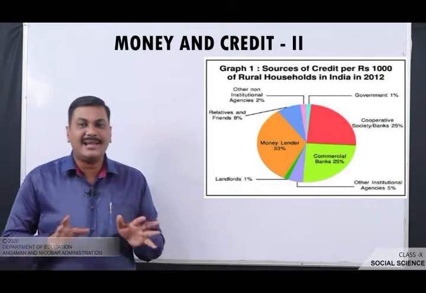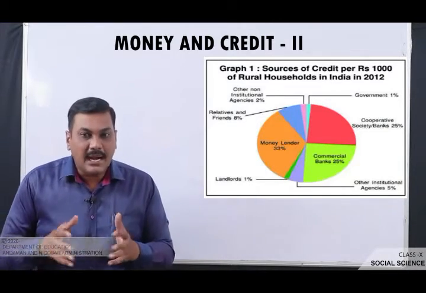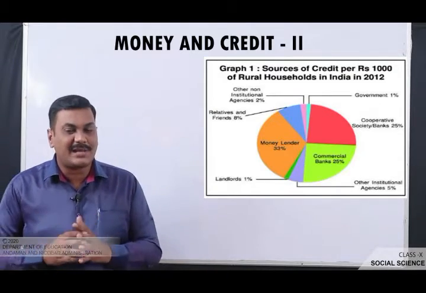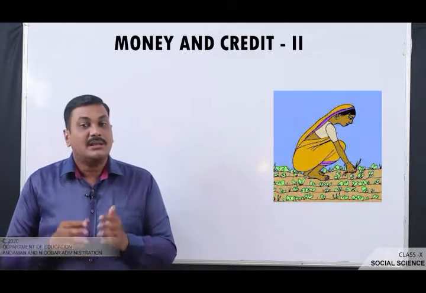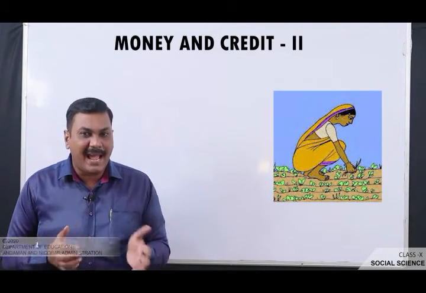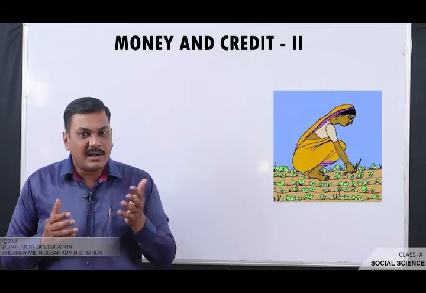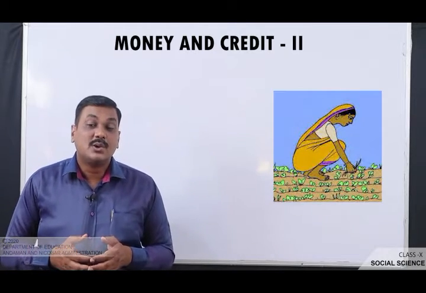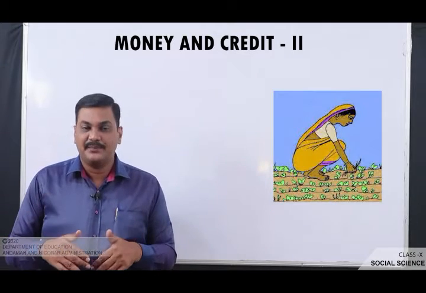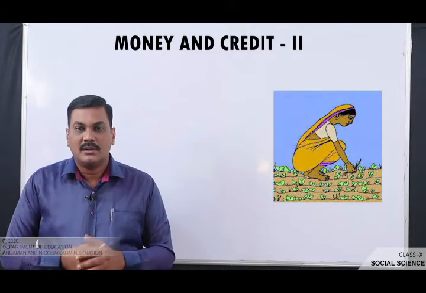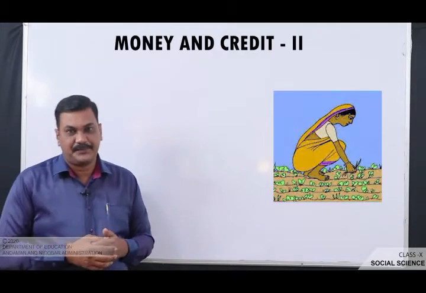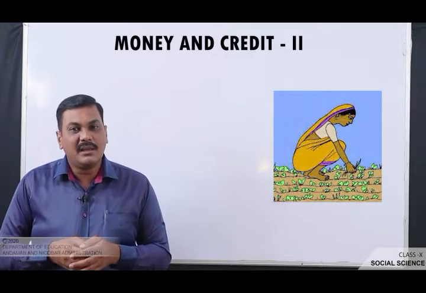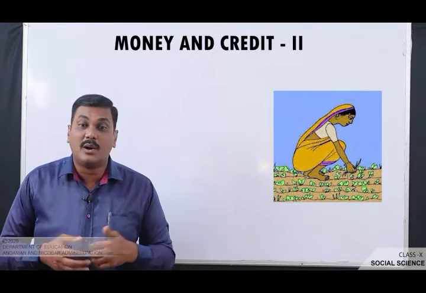So looking at this pie chart, we can understand that in rural areas most of the farmers, though they have less land, cannot go to the bank and cannot submit all the collateral documents, as they want an immediate loan to invest in their fields. In that case, these poor households are forced to go to the moneylender or the traders.